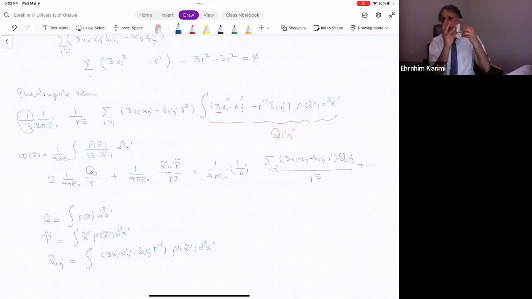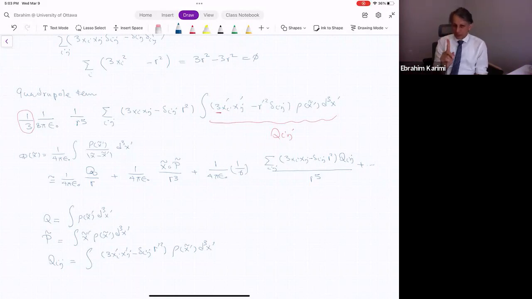Or if the net charge is 0 for any reason, then you will see the dipole term, which means the potential is going to be 1 divided by r power of 3 times x dot p, okay? That's a dipole term. It may happen that even the dipole term is 0, then you will see the quadrupole term, which appears as r power of 5 in the calculation.